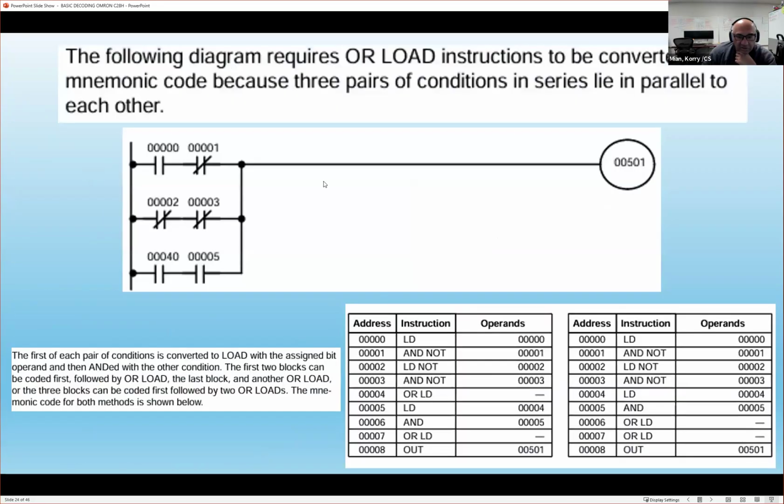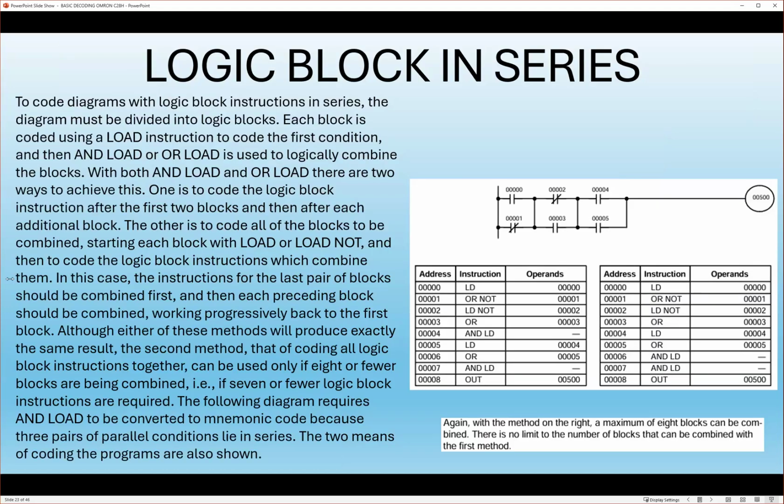Yeah, I guess I was wrong. I thought the load meant that it was hitting the rail, but it really depends on the rest of the instructions, right? You've got to see the whole instruction all the way to the end. Basically, what you're looking for is the out, or the instruction, so whatever you want to execute in the end, and then you have to decode it from within.